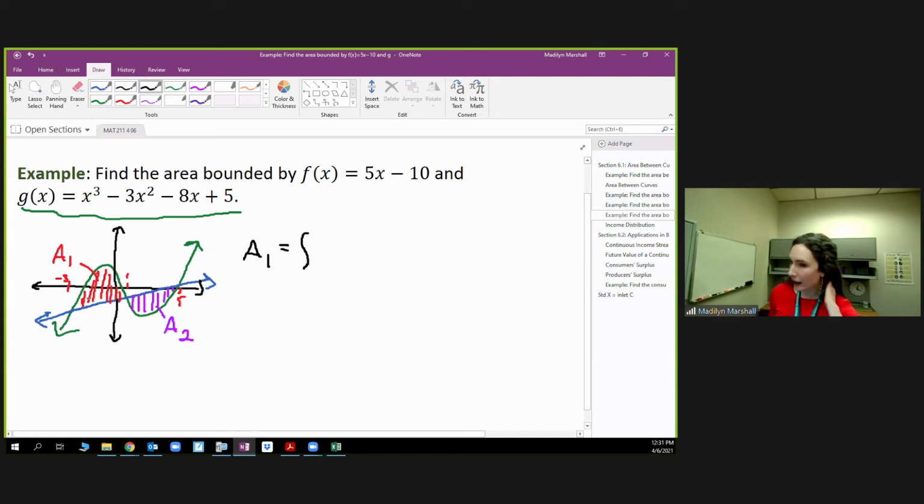So this first area, A1, is starting at -3, and it's going up to 1. So those are the limits of integration of just that first chunk of area. Which function do we put in first to calculate A1?